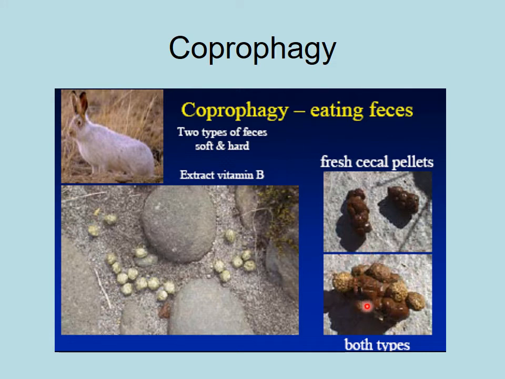The hard, dried out pellets are one type, and the softer ones obtain many of the microorganisms that they require to keep their fermentation of their food going. Remember, these are hindgut fermenters, so it happens in the cecum, to reseed the bacteria and protozoa that are needed to maintain the digestion of the plant material. Obviously, this is not a strategy utilized by all non-ruminants, but it is one that is used by some species of rabbits.